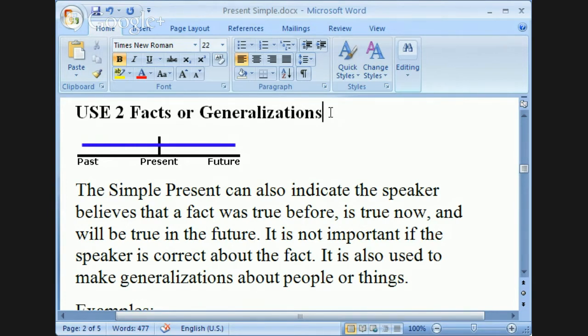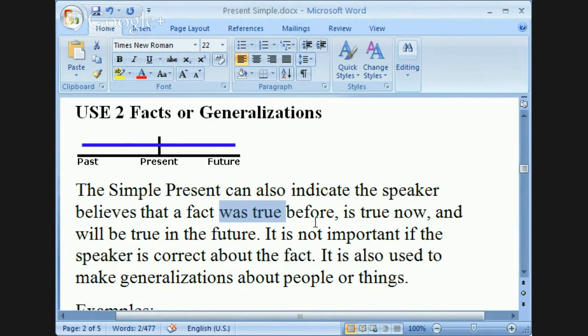Keep in mind, some speakers may be crazy, so their facts may be wrong. But again, from the speaker's point of view, we use present simple tense to talk about facts or generalizations. All right, so the speaker believes the fact was true, as indicated by this blue line, is true and will be true in the future.